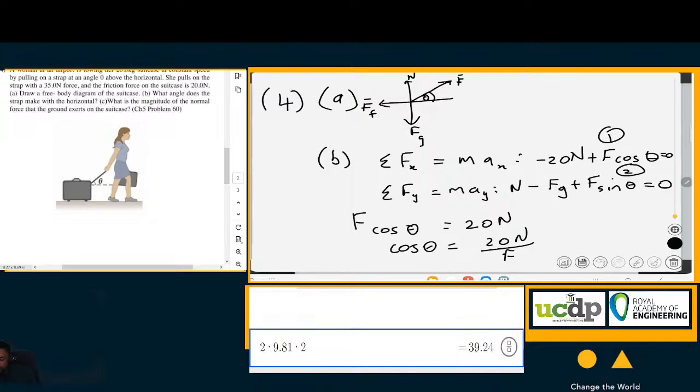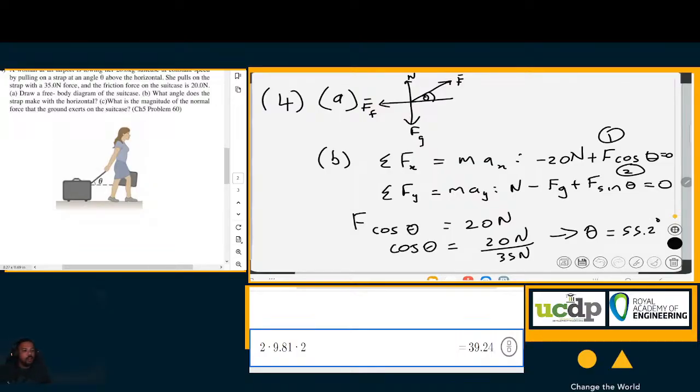And we've already been told that that force is 35 newtons. So the cosine of theta is just that. So therefore theta is equal to 55.2 degrees. That is what theta is.